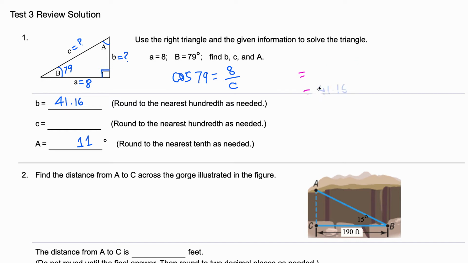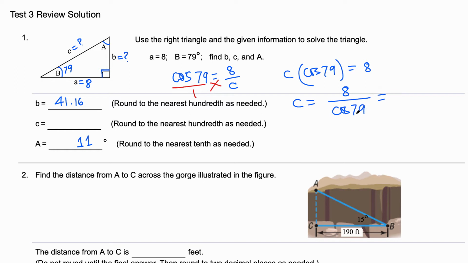Then we can cross multiply, cosine 79 over 1, and that makes c times cosine 79. Cosine 79 is a decimal number, equals 8. So c equals, now we divide by this decimal number, so c equals 8 over cosine 79.